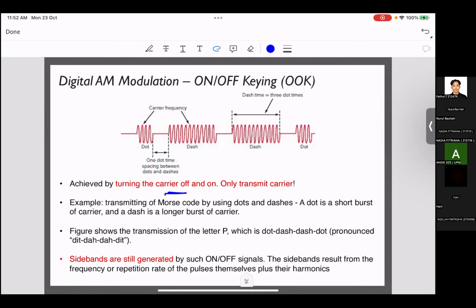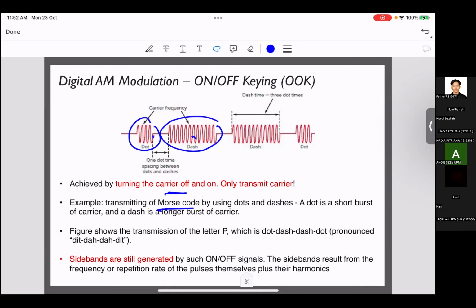For example, the first digital AM modulation of OOK is done by Morse code using dots and dashes. Now, I really like this. A dot is a short burst of carrier and a dash is a longer burst of carrier. So this is your dot, and this is your dash. The figure shows transmission of the letter P, which is dot, dash, dash, dot.